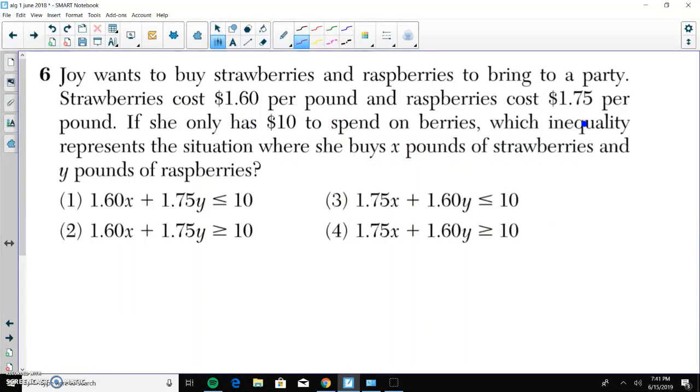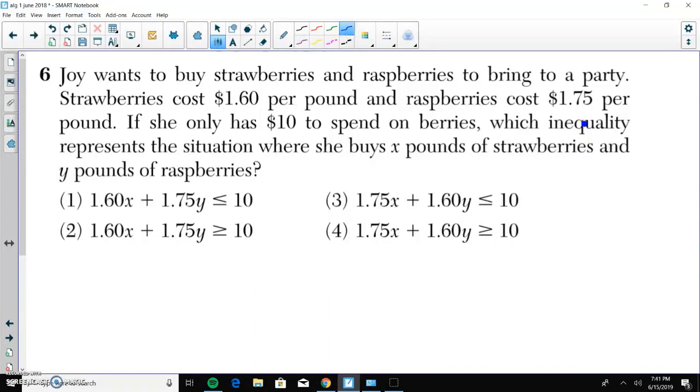Okay, number 6. Joe wants to buy strawberries and raspberries to bring to a party. Strawberries cost $1.60 per pound and raspberries cost $1.75 per pound. If she only has $10 to spend on berries, which inequality represents the situation where she buys X pounds of strawberries and Y pounds of raspberries?